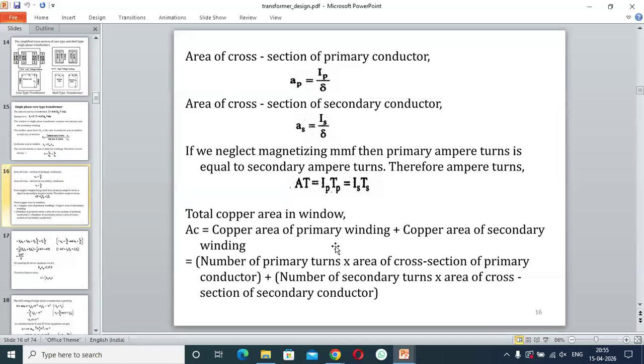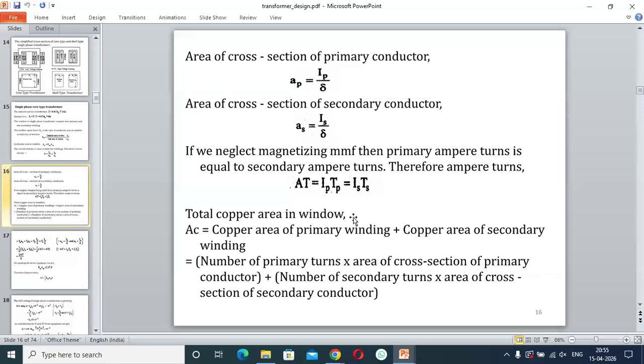To calculate the copper area, you have to calculate how many turns there are, meaning how much wire we require, and the cross section area of that wire. Cross section area means, suppose we take one thin wire, how thick it is. That will be the cross section area of that conductor.